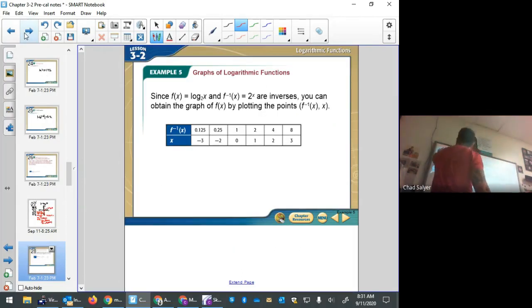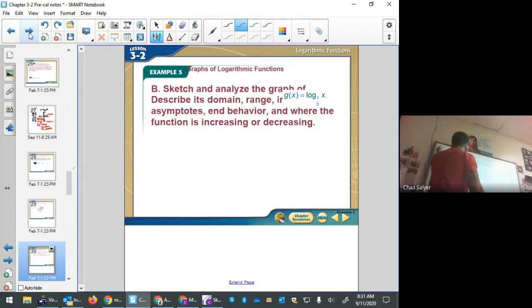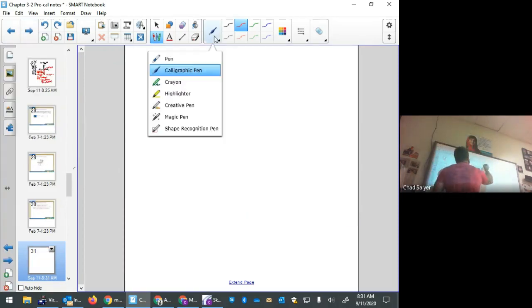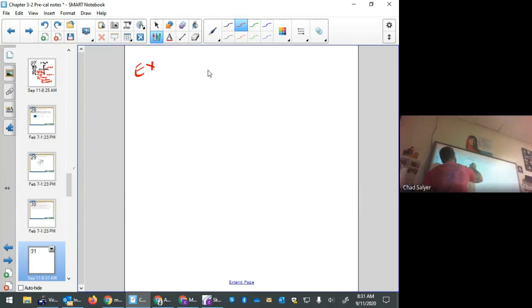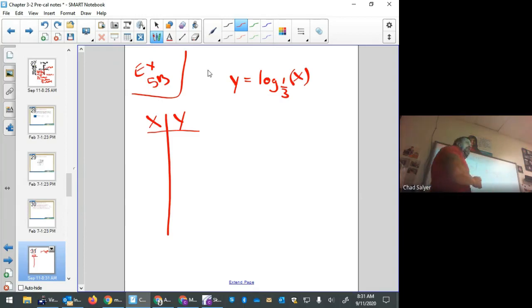Okay, so let's do log base 1/3 of x. So this is kind of weird because we have to choose powers of 1/3, but that's really just powers of 3 because 1/3 is 3 to the -1.